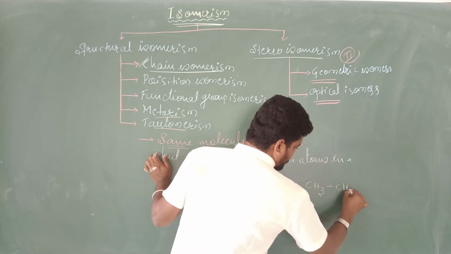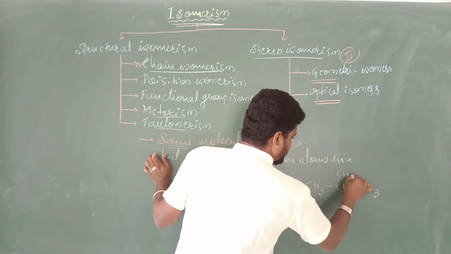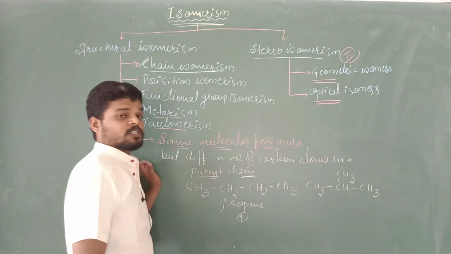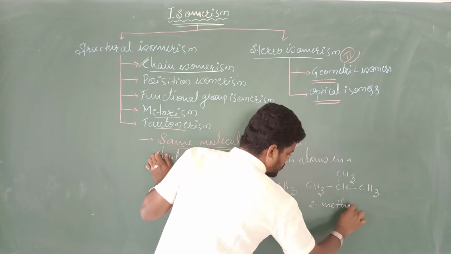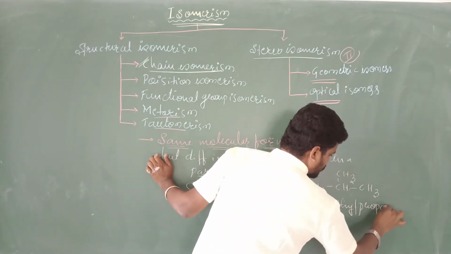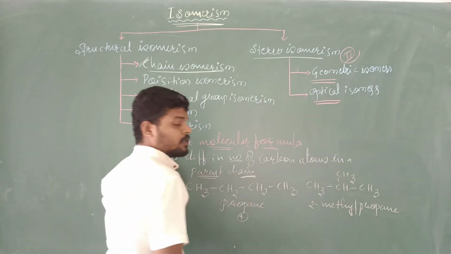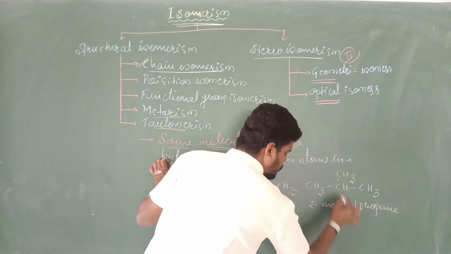CH3, CH, CH3 and CH3. The name of a compound will be 2-methyl propane. Here the number of carbon atoms in a parent chain, that is 4.